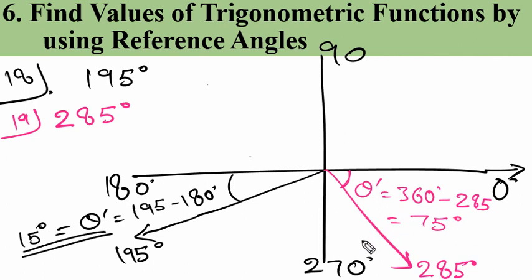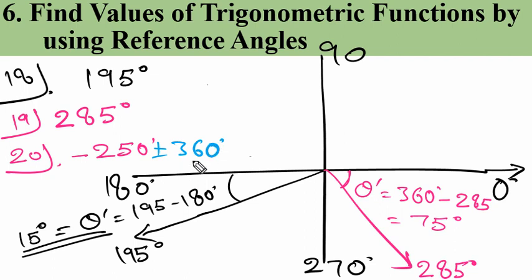Now similarly you can try for positive angles. Let me draw one for a negative one. Question number 20 is saying negative 250 degrees. For negative 250, first you will have to change it to a positive one. How will you change it? You will use the property of coterminal angles, right? You do plus or minus 360 degrees.